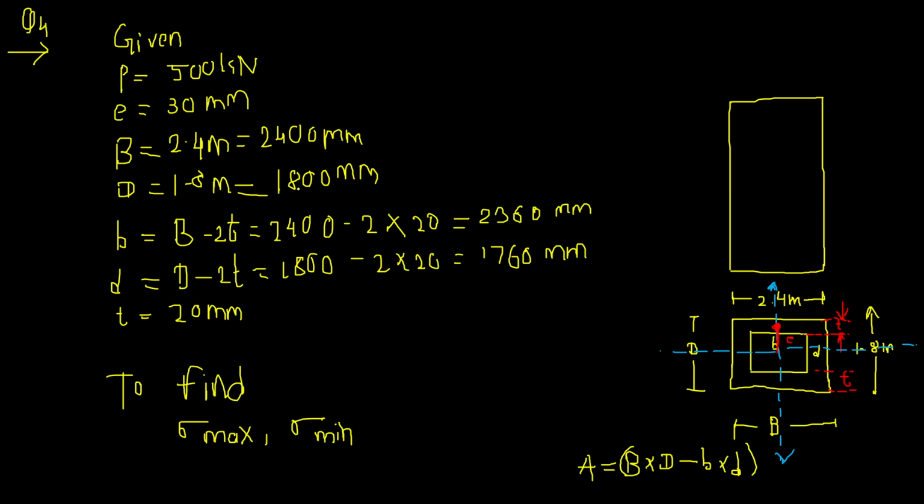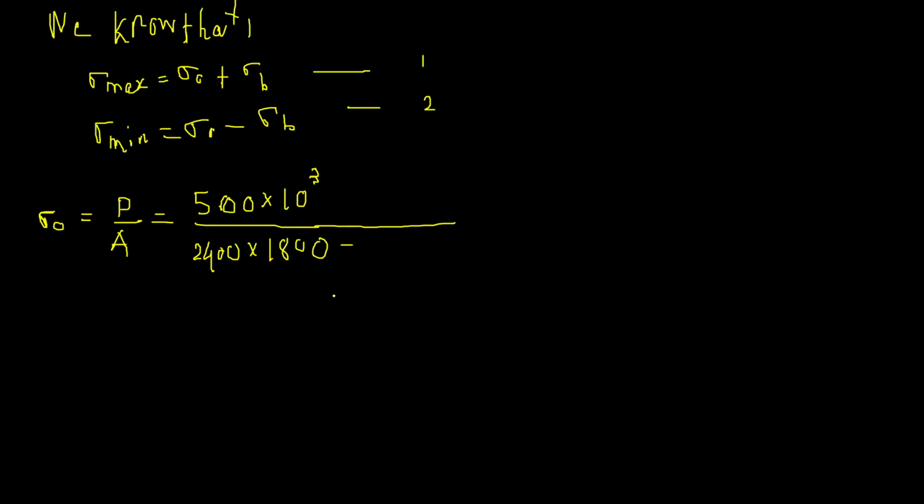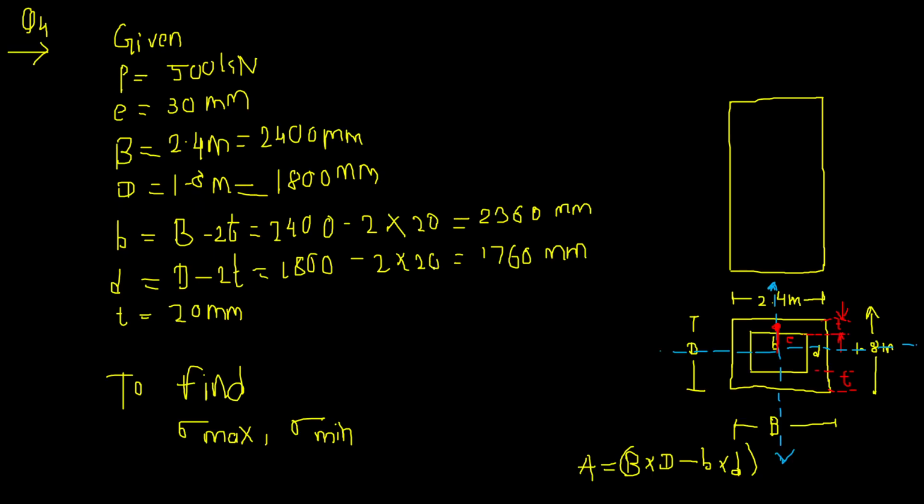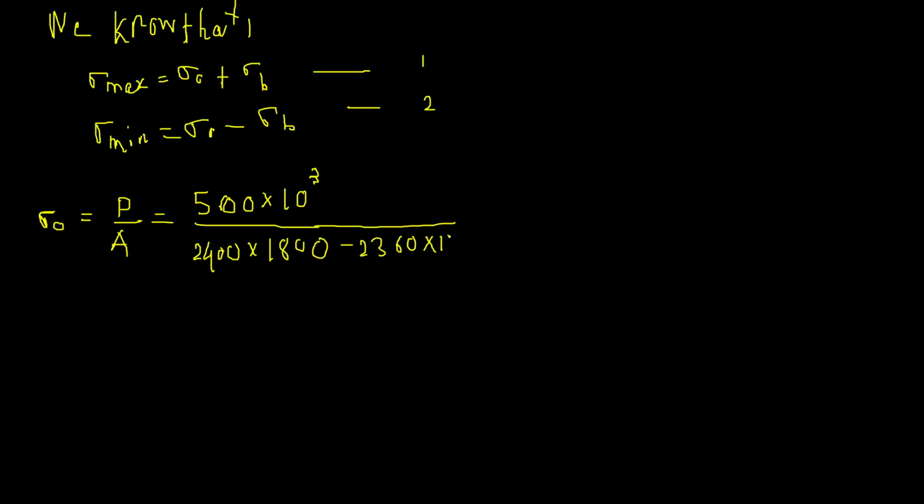Small b is 2360 multiplied by 1760. Okay, so now if you calculate this, you should get the answer as 3 Newton per mm square.